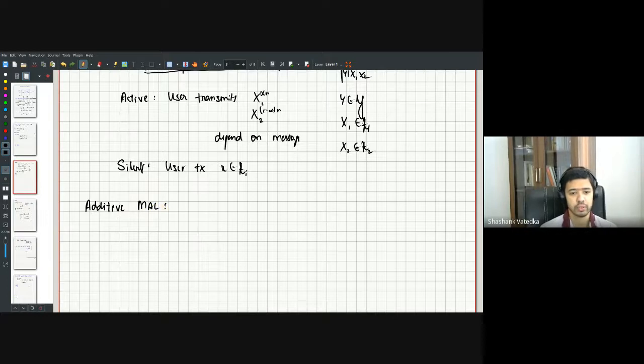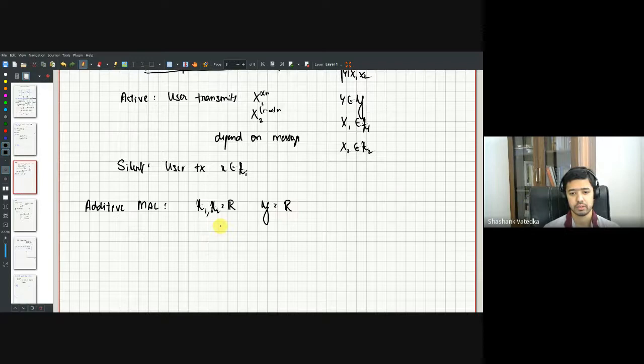So in the case of the additive MAC, say script X1 comes from some constellation; in one case it could be R, and X2 equal to R. So both user 1 and user 2 transmit a real number in each time instant, and the received symbol is also some real number.